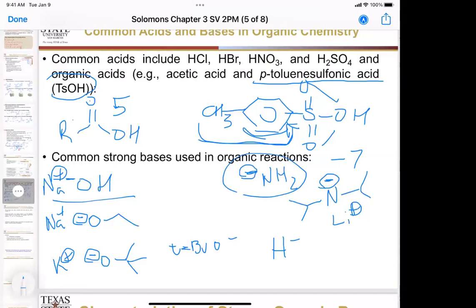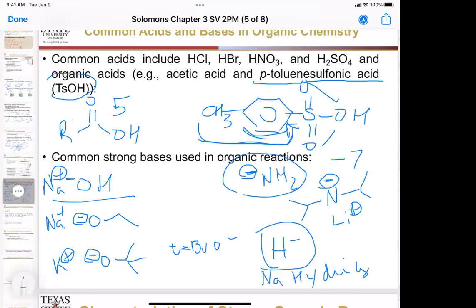So that's no electrons, so it has a positive charge. If it's neutral, it has 1 electron, 1 proton, and it's neutral. But it has a place for 2 electrons in its outer shell. So if you put an electron in that outer shell, fill that outer shell, it's going to have a negative charge. But again, it's going to be a very strong base, and we call that hydride. And it's usually with a sodium or a potassium hydride.